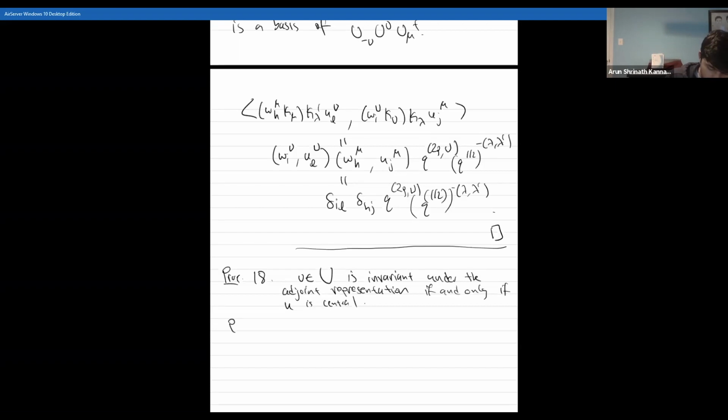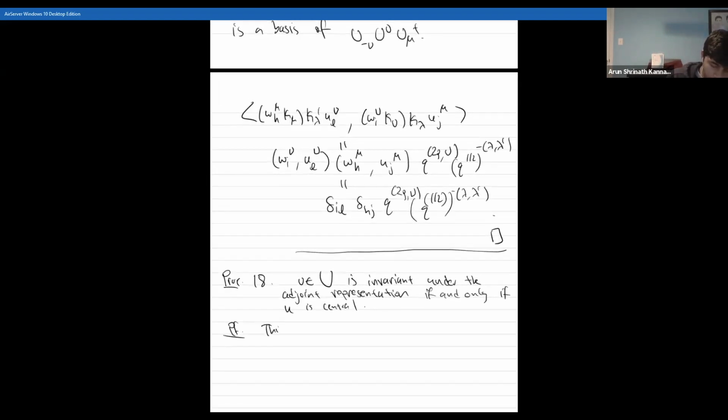I'm not going to prove this, but this is a general fact of Hopf algebras. And if you're not convinced, you can easily do it in the case of U, left as an exercise.